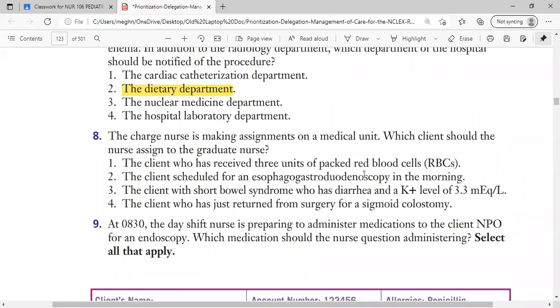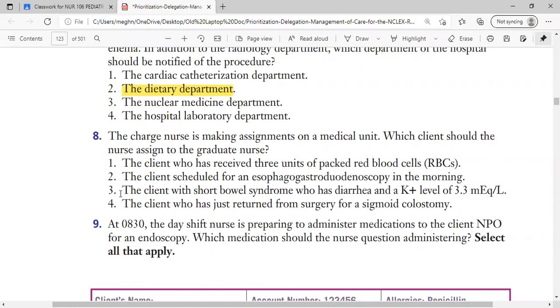This client is being prepared for a test in the morning and is the least acute of the clients listed here. The new graduate should be assigned to this stable client.